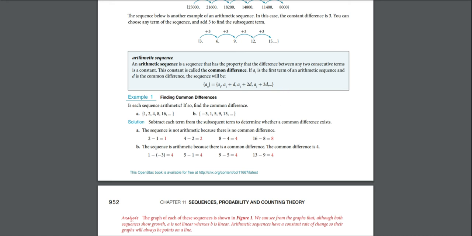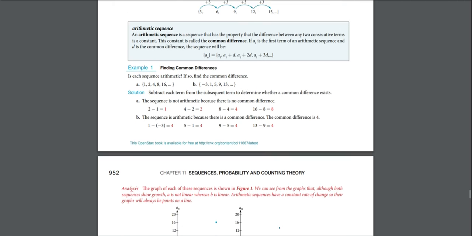If I'm looking for the third term, I need to add 2 times the common difference to the first term. This number is always 1 less than the term number. So if I'm looking for the 21st term, I take the first term plus 20 times the common difference, and that gives me the 21st term.